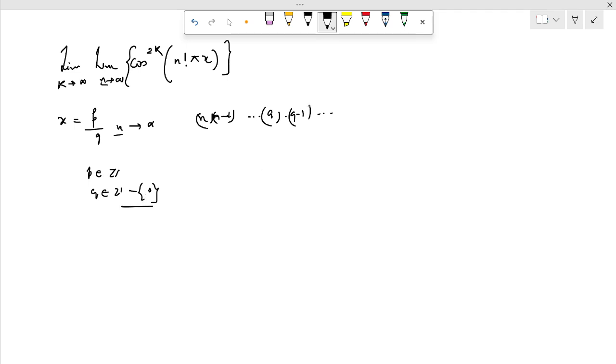So p upon q is this way. So I know somewhere you will have this q in the expansion of n factorial. And if you multiply by p upon q, this cancels out q, so this becomes an integer.